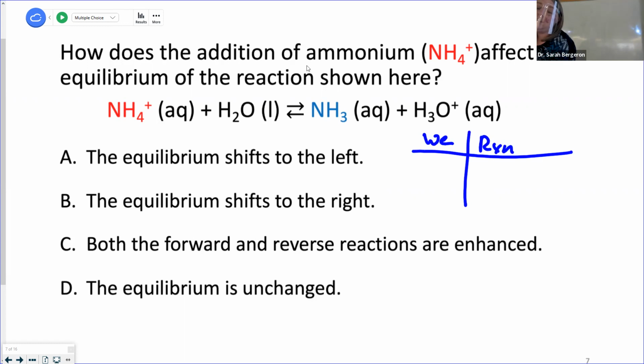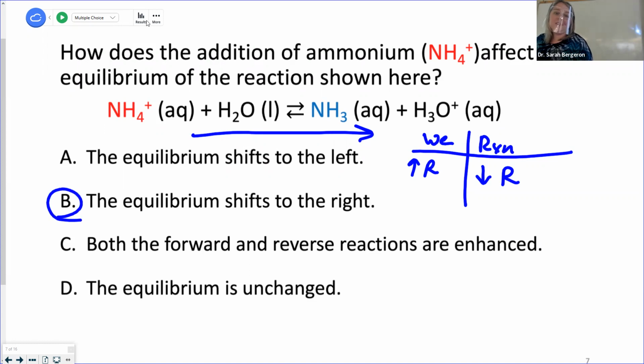The addition of ammonium, we increased a reactant or a product? Reactant. So what did the reaction do? Decrease reactant. How do we get rid of reactants? We shift this way. Is that left or right? That is right. So what do we say?